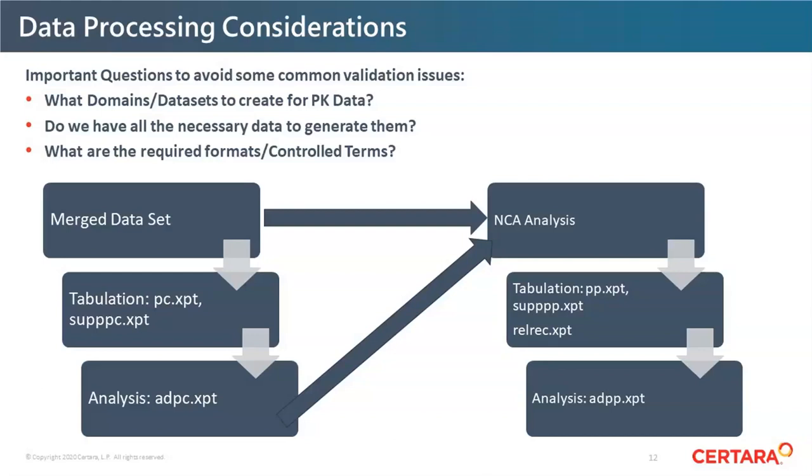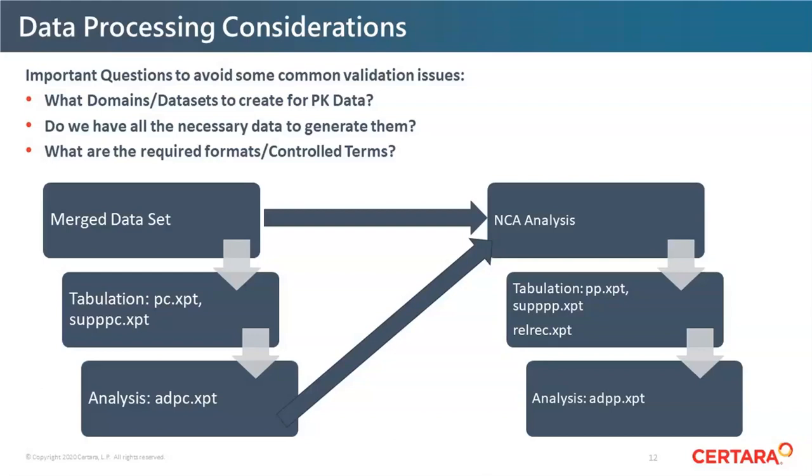Like I said, in the preclinical, a define.xml will be necessary, a PP.xpt, supplemental PP.xpt, and a reviewer's guide. Why do we need to ask these questions? It is to define how I will convert my data to make it compliant and to avoid some validation issues.